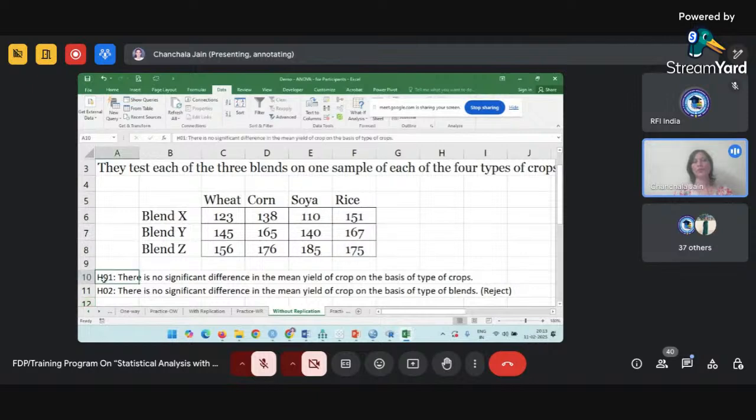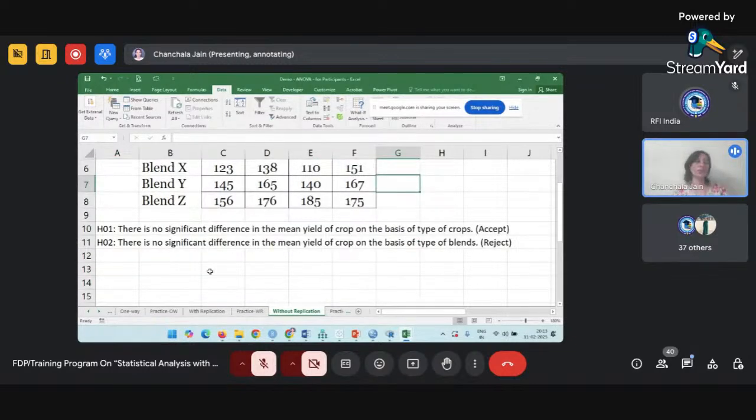So the first one you need to accept. We will draw a conclusion here that when we consider the type of blend we are using on the crop, this makes a change in the mean yield of the crop. But when we consider the type of crop, the type of crop is not impacting the mean yield, while the type of blend is impacting the mean yield of the crops. Is it clear?